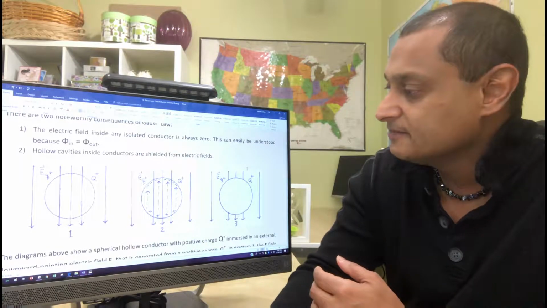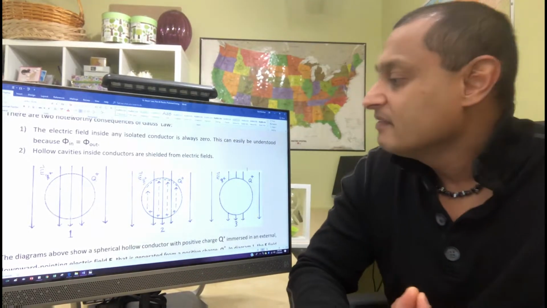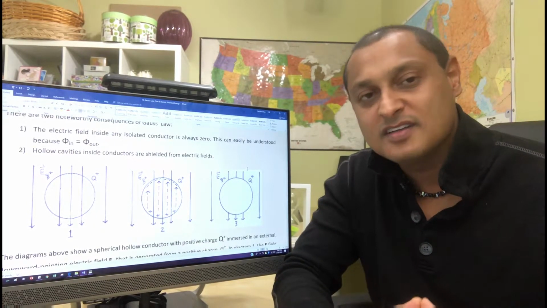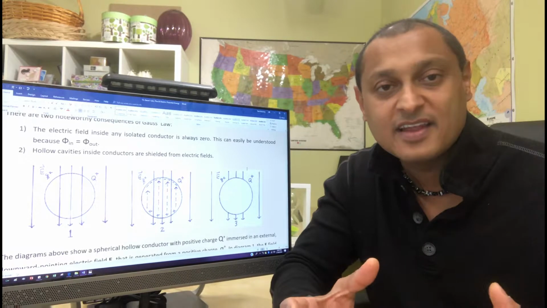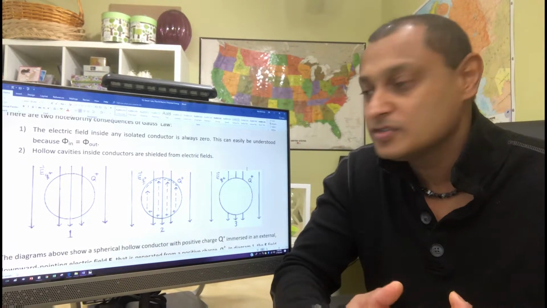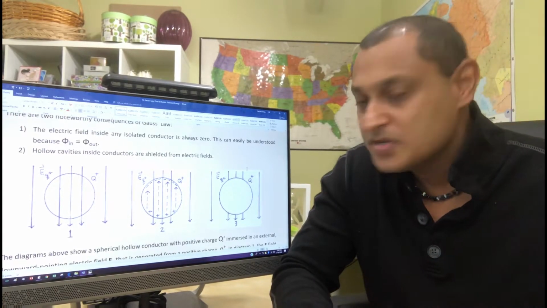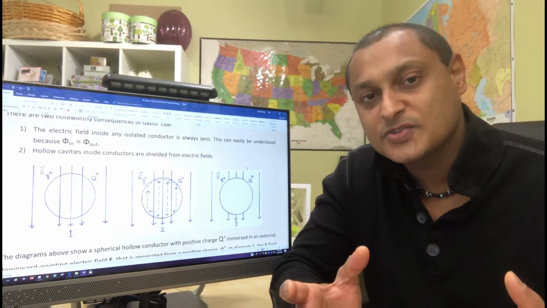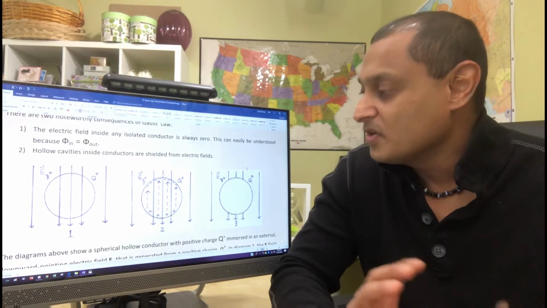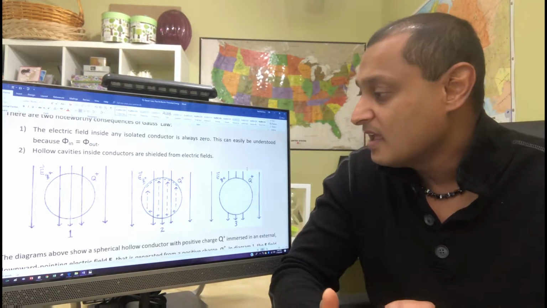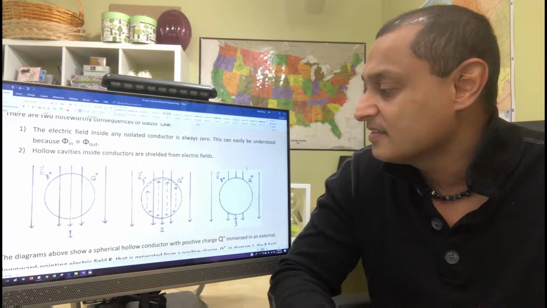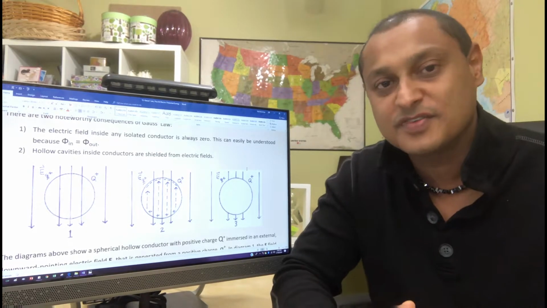Here we show in the diagram at the center that if we had a hollow conductor, and we immerse this hollow conductor in a prevailing electric field, the electric field, due to the Coulomb force law, causes a redistribution of the charges, the free electrons on the surface of this conducting sphere. And that sets up an electric field within the conductor that opposes the external electric field.